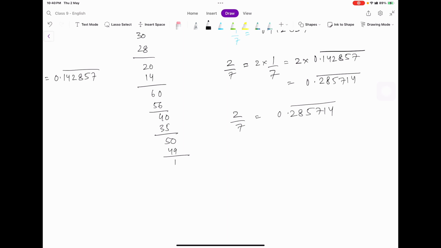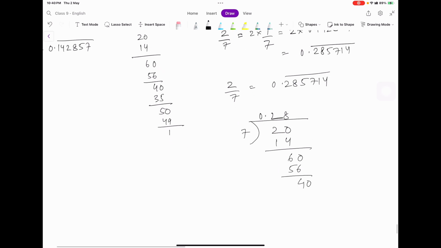See, 2 by 7, 7 into 2. You cannot divide, so decimal: 20, 2, 14, 60. Here it will be 8, 56, 40. 35, you will be getting 50. 35 is 5, 50, 49, it is 7.